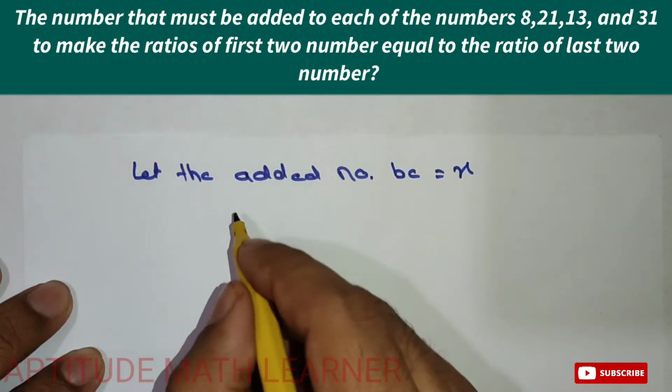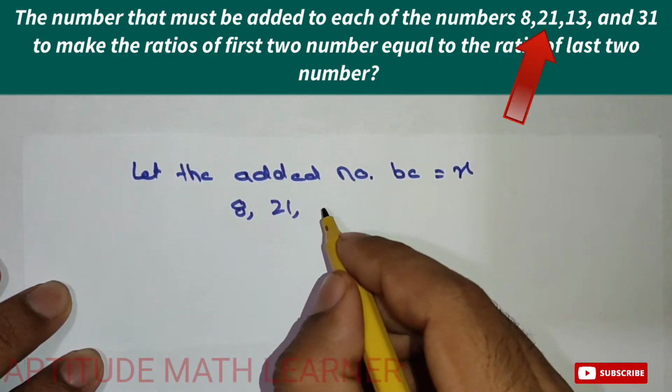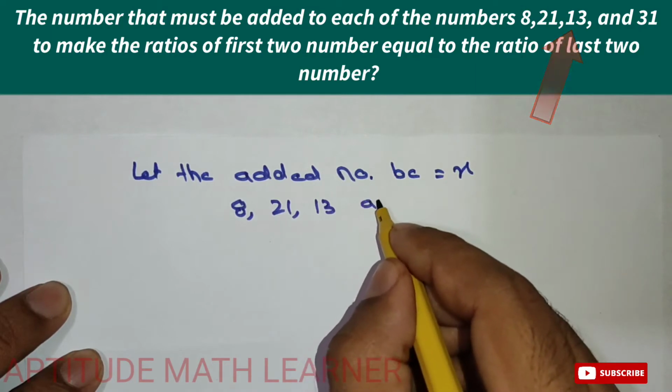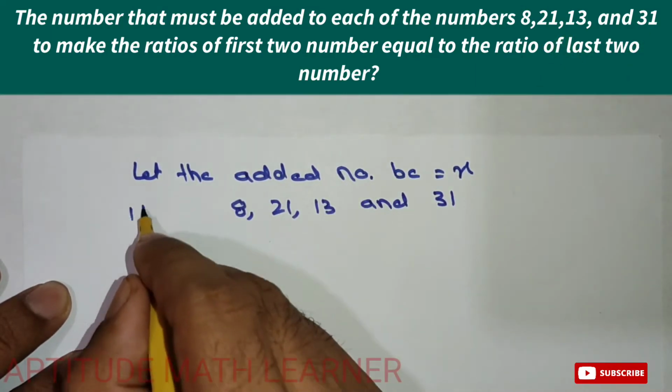The numbers we are having are 8, 21, 13 and 31. So these are the numbers.